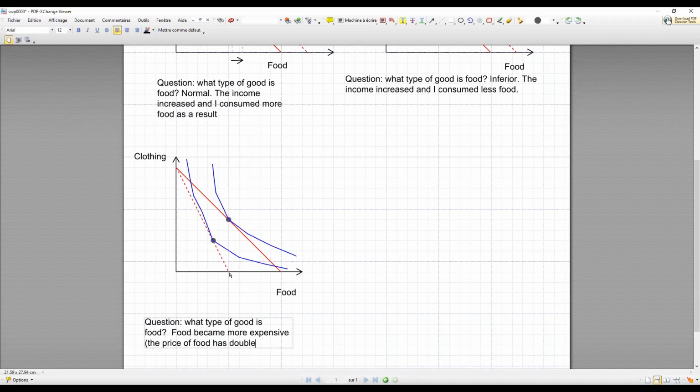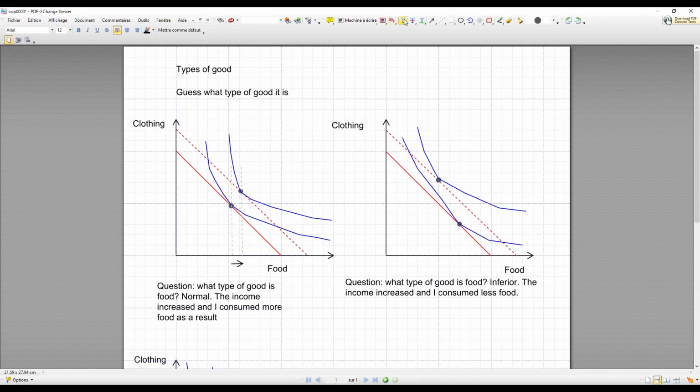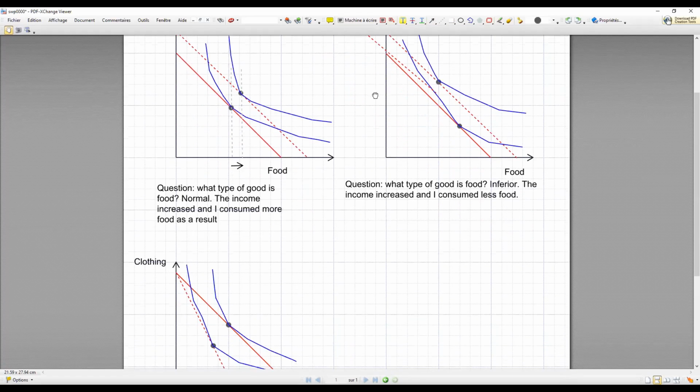Wait, sir, what's the initial line? Yeah, everywhere I'm going to write. That's the first one. And the second one is a dotted one, right? Yeah. I should have made sure to say that.